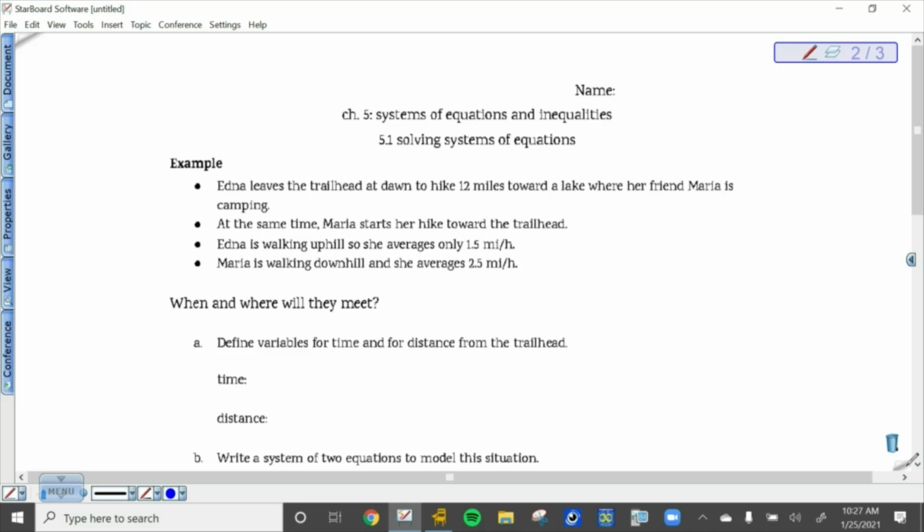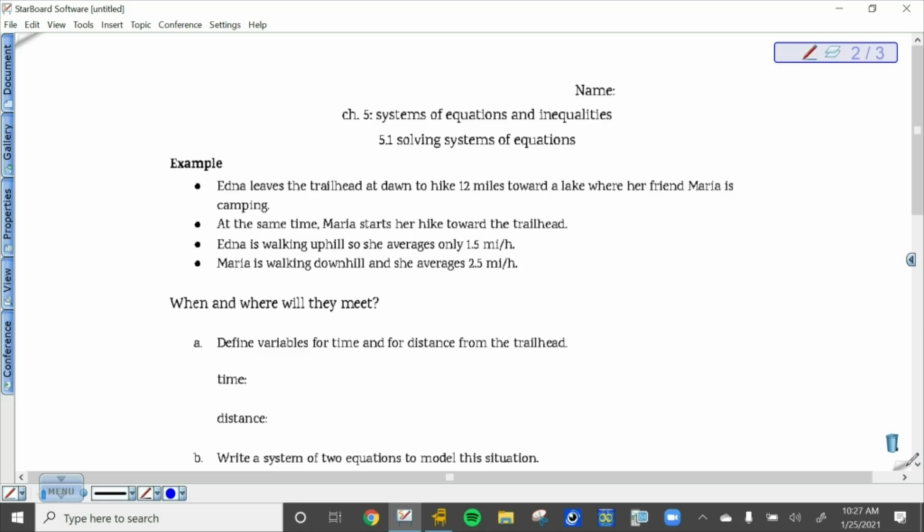So we have a real world situation where Edna and Maria are going camping, and Edna leaves the trailhead at dawn to hike 12 miles toward a lake. Maria is already at the lake, and she decides to meet Edna halfway. So she's leaving the lake the same time that Edna leaves the trailhead, and they're walking toward each other.